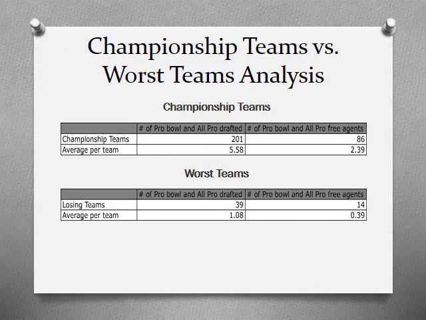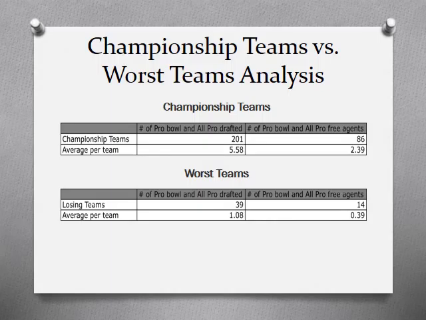This given data suggests that there is a significant correlation between championship teams and a high number of drafted players. The data set also suggests that the worst teams have a noticeably lower number of Pro Bowl and All-Pro players that were drafted. We can conclude from this evidence that championship teams have drastically more drafted players than the losing teams.